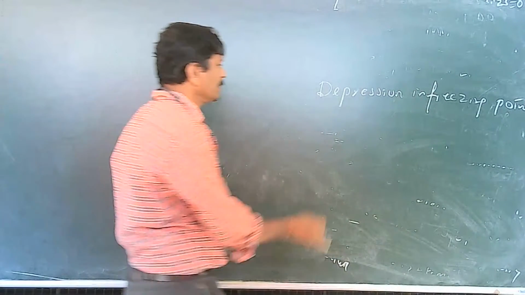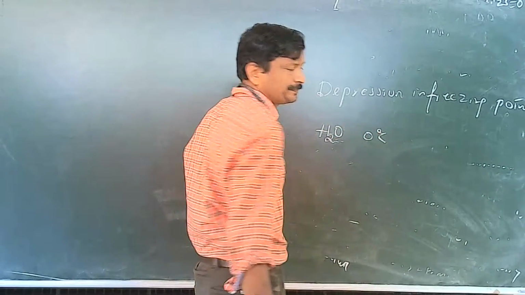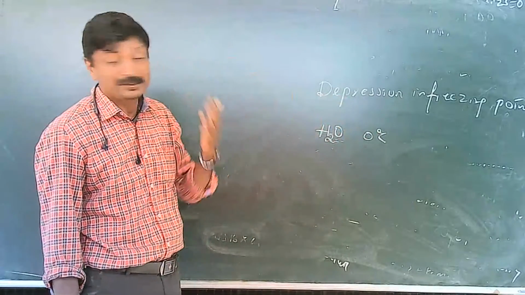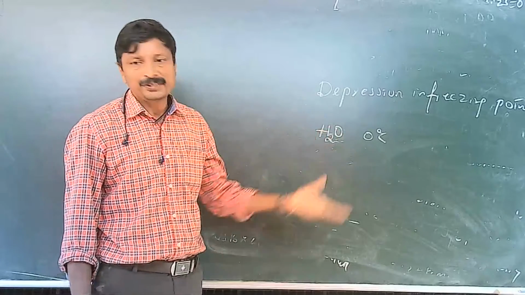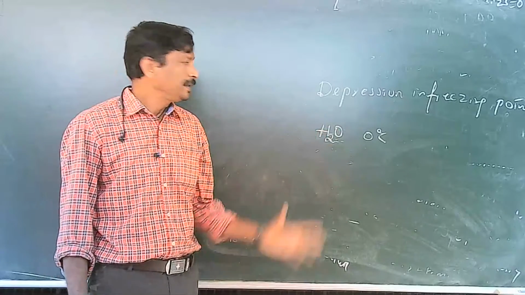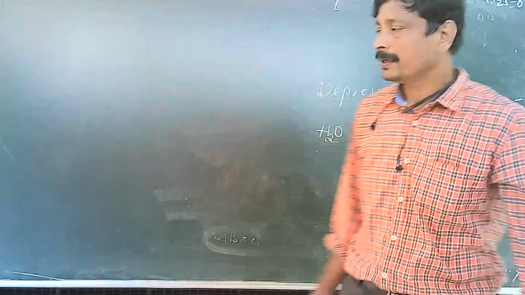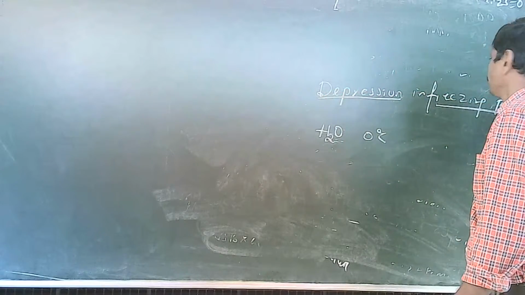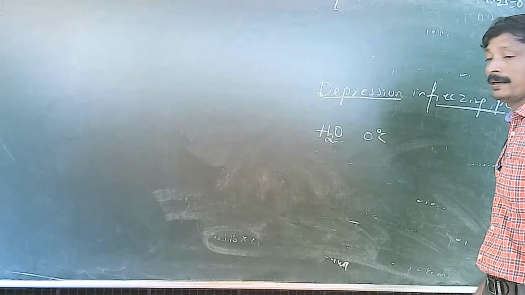You know water freezes at 0 degrees centigrade, the conversion of liquid into a solid. How do you define the freezing point? It is the temperature at which the vapor pressure of the liquid is equal to the vapor pressure of the solid. That temperature is called the freezing point of the solvent. What is depression? The freezing point of the solution is lower than the freezing point of the solvent.